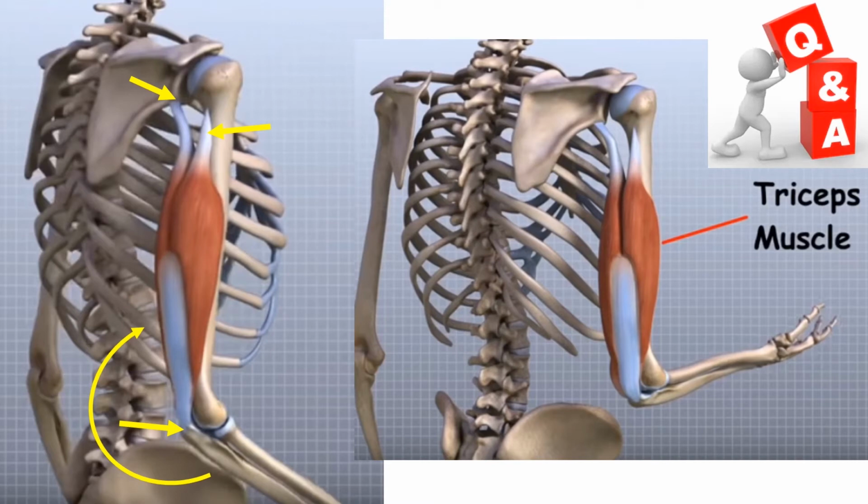We can see 2, the third is hidden. So this is the long head, and this is the lateral head, and this muscle produces extension of the elbow joint.